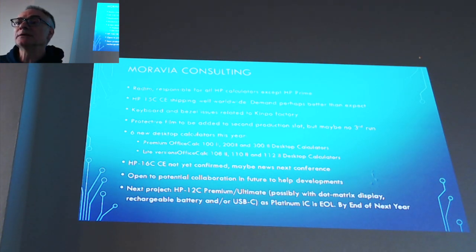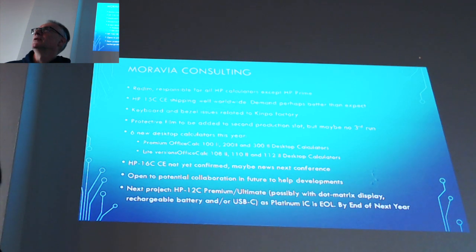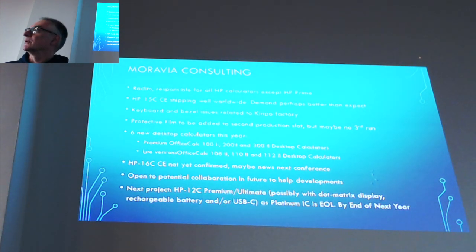So there will be 3 premium desktop calculators, the Office Calc 102, the 202 and the 302, and there will be light versions of those, the 108, the 110 and the 112, which are the same but fewer digits, I think. So I think 8 digit rather than 12 or something like that. Is that right?